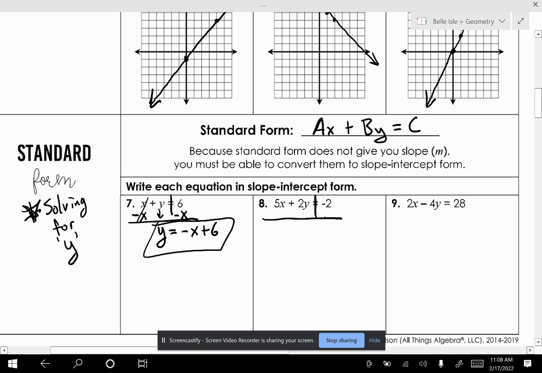What's the first thing I need to do? Undo any addition or subtraction, which means moving the 5x. You can disagree, that's fine. It's not wrong, it's just different. But this is the way I think it'd be better for you to do it.